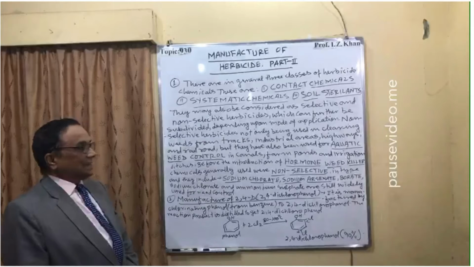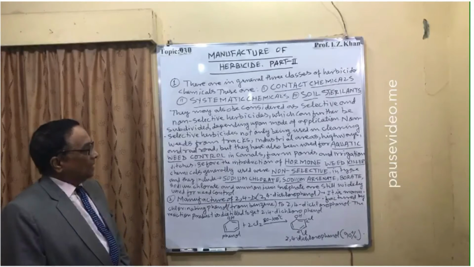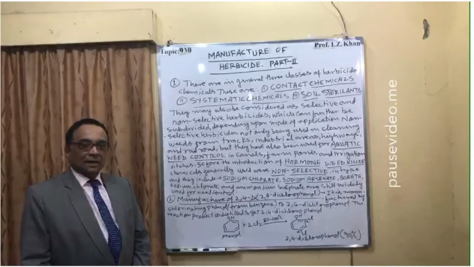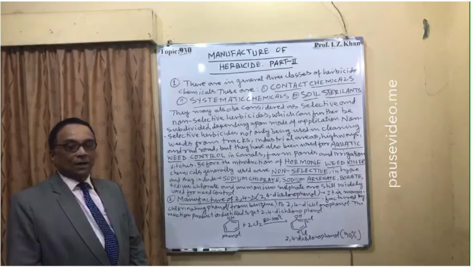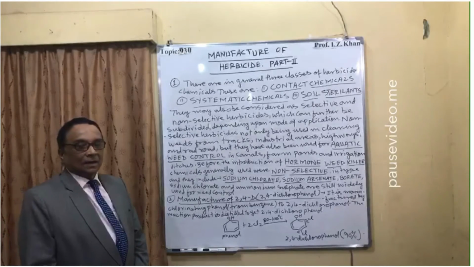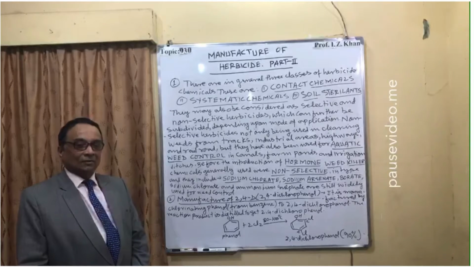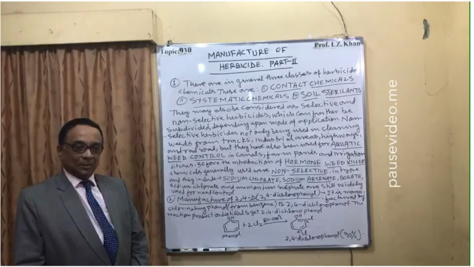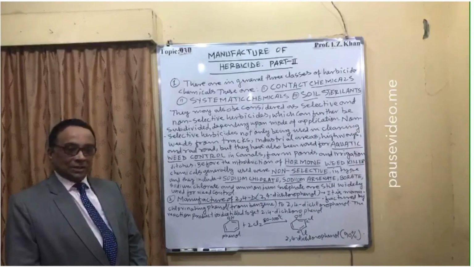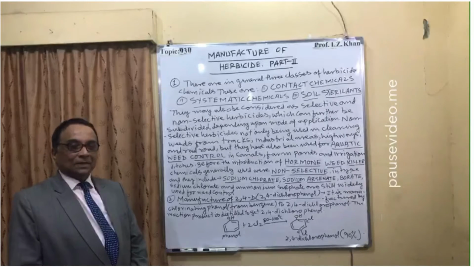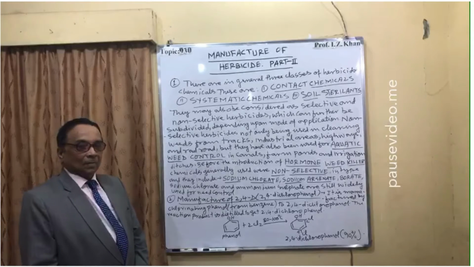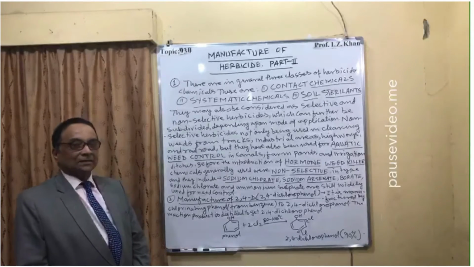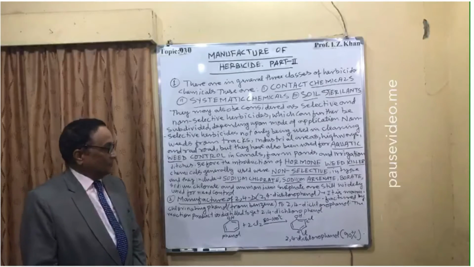Before the introduction of hormone weed killers, actually nowadays a lot of herbicides are hormonal, before this hormonal, selective herbicide, they were mostly non-selective herbicides. So after the emergence of hormonal herbicides, it became selective.